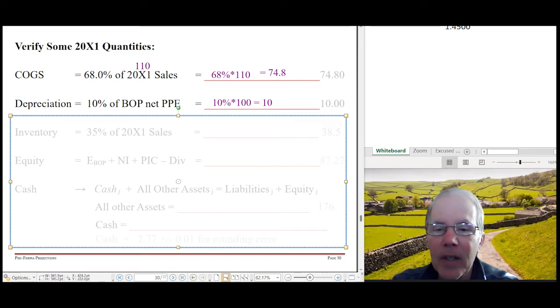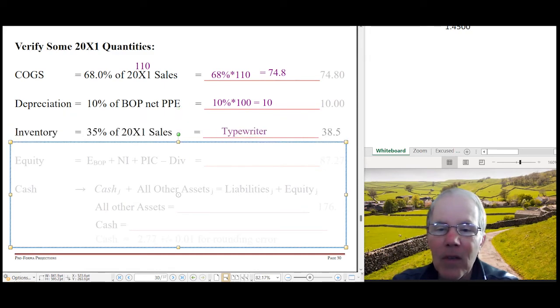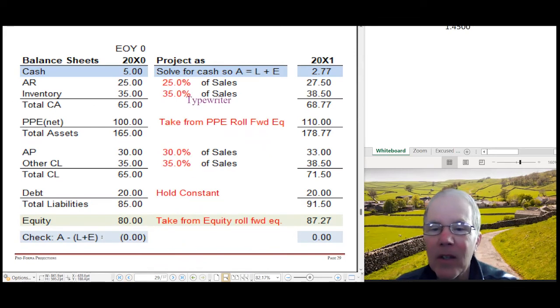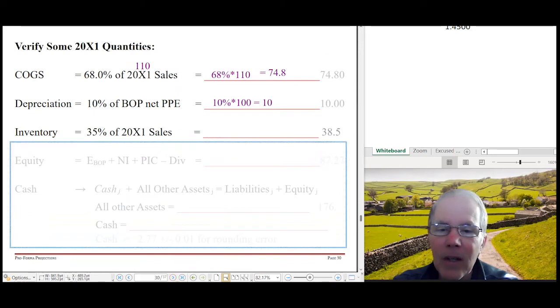And inventory was a percent of sales number. And it was, let's go back to the balance sheet here. We said it's going to be 35% of sales. Why? Because in 20x0, it was 35% of sales. Remember, sales in 20x0 were 100. So 35 over 100, 35%. And that ratio is going to stay the same in 20x1.